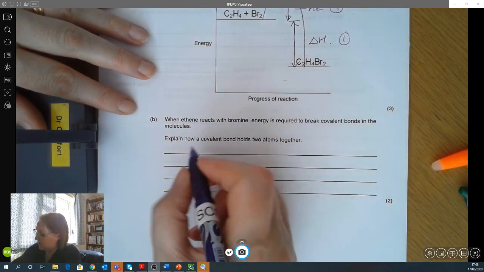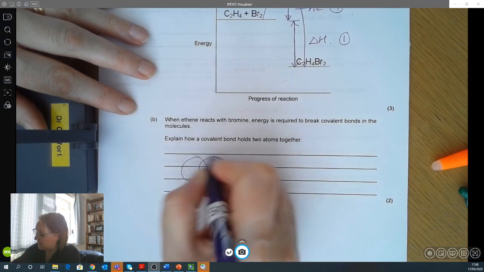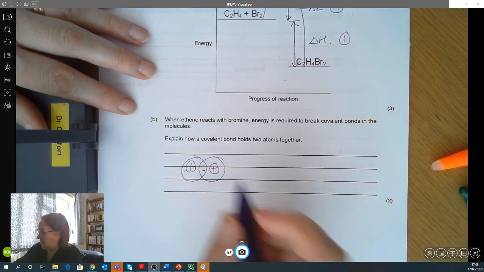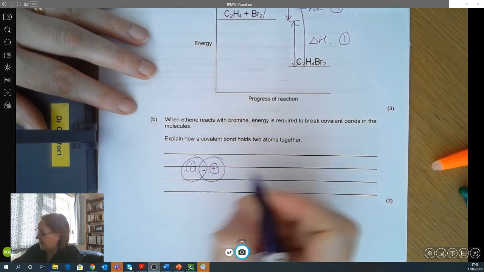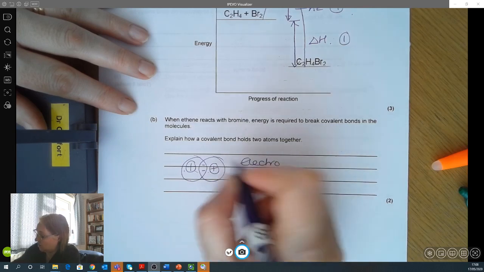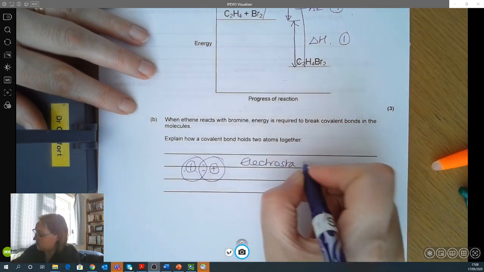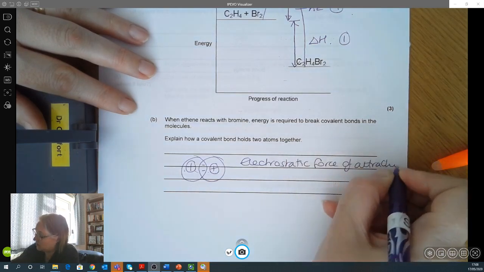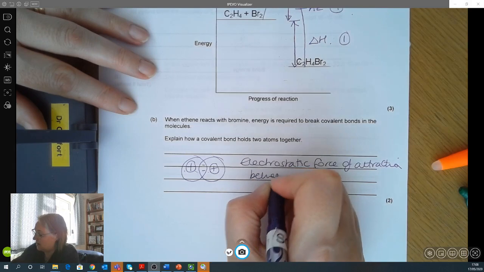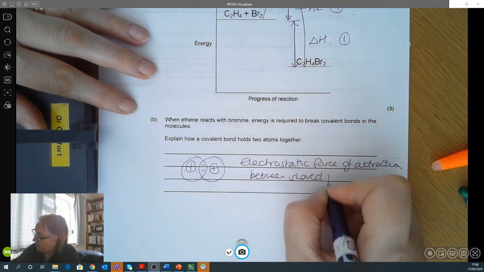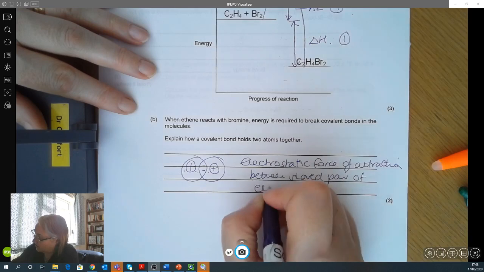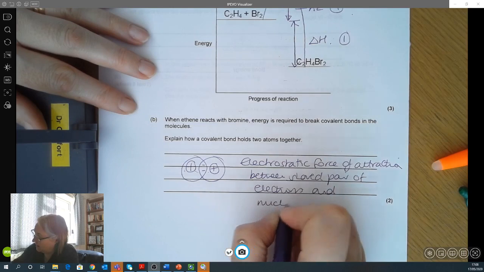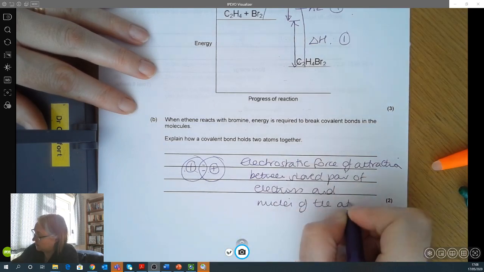So we know that in a covalent bond we have shared electrons, and what is holding the bond together is opposite charges, so it's the electrostatic force of attraction between the shared pair of electrons and the nuclei of the atoms.